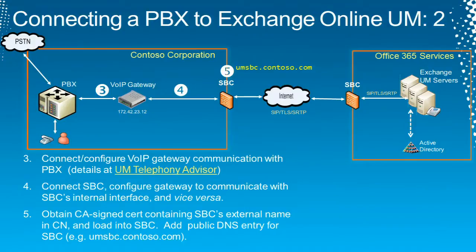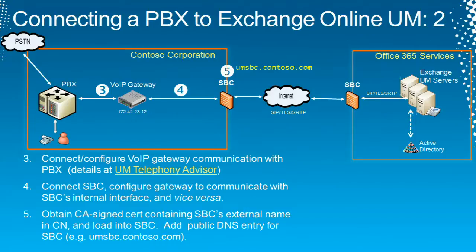So you can see there where I've got umsbc.contoso.com. That's what the Contoso administrator has chosen to use for the address of the external interface of the SBC. That name, umsbc.contoso.com, must appear in the CN of the certificate that they get from the CA and that they load into their device.